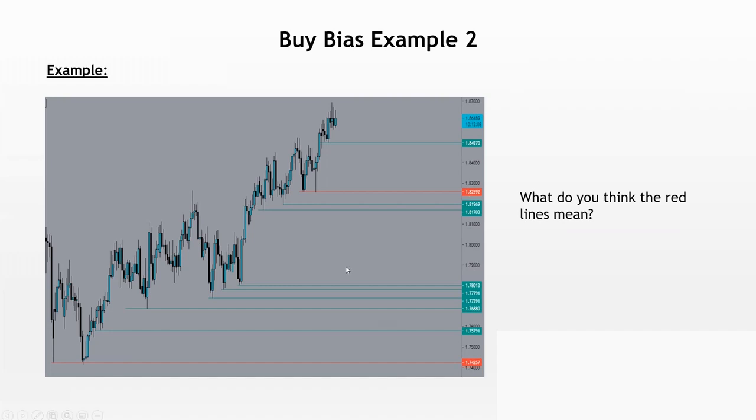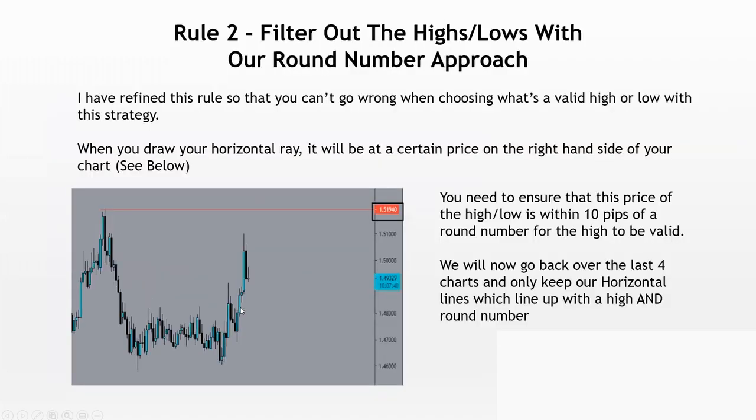Because it's more than 10 pips away from the round number, you can remove this line. This next one here is at 1.7688. That's within 12 pips, so we remove that as well. So what I want you to do, guys, is use the process of elimination so that you are only left with the higher lows and the lower highs which are within 10 pips of a round number.